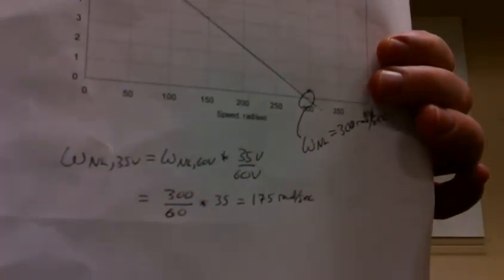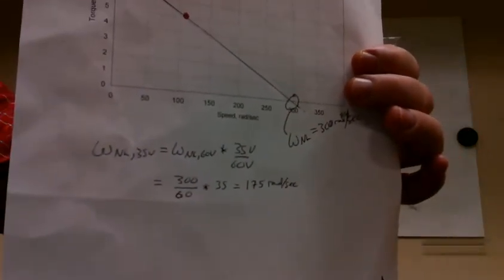Omega no load and all that fun stuff. And also, stall torque at 35 volts is equal to stall torque at 60 volts, 8, times 35 volts over 60 volts. They scale linearly.